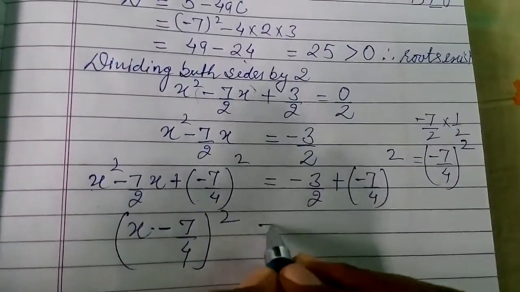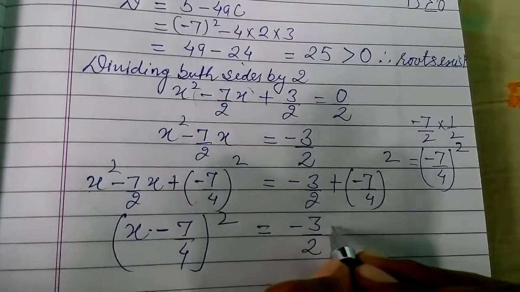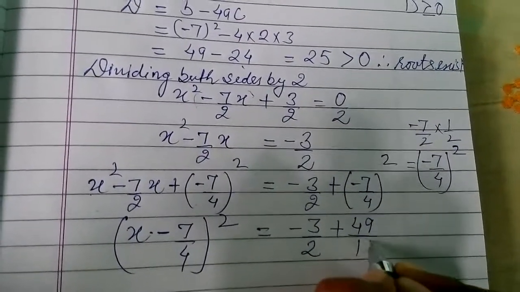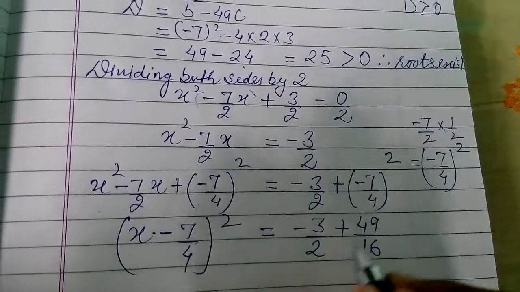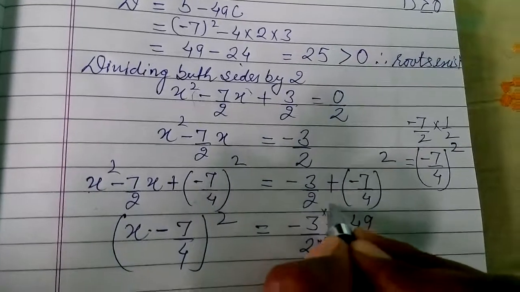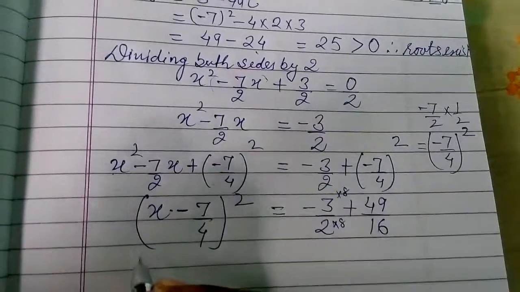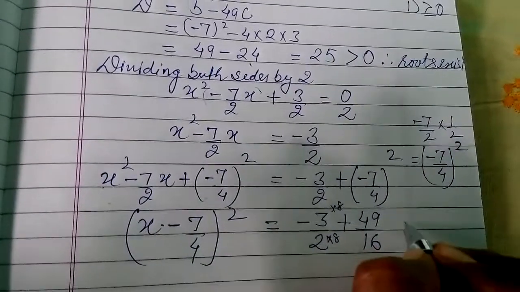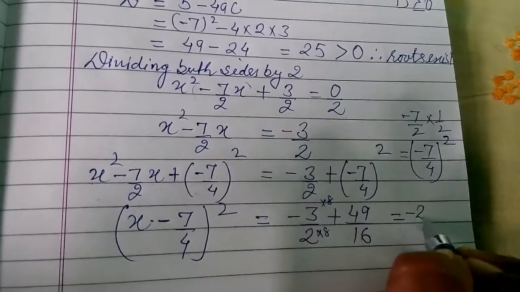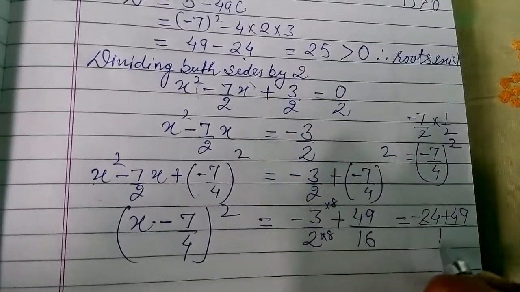Now further solve here. Here you are getting minus 3 by 2 plus 49 by 16. Now to make this 16, multiply this by 8 and multiply this by 8. This is simple. And now what you will get after doing so is minus 24 plus 49 upon 16.